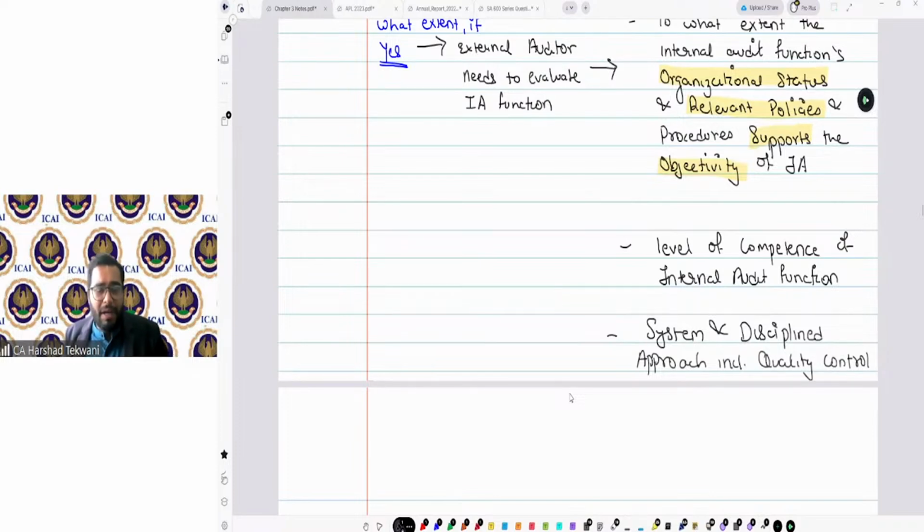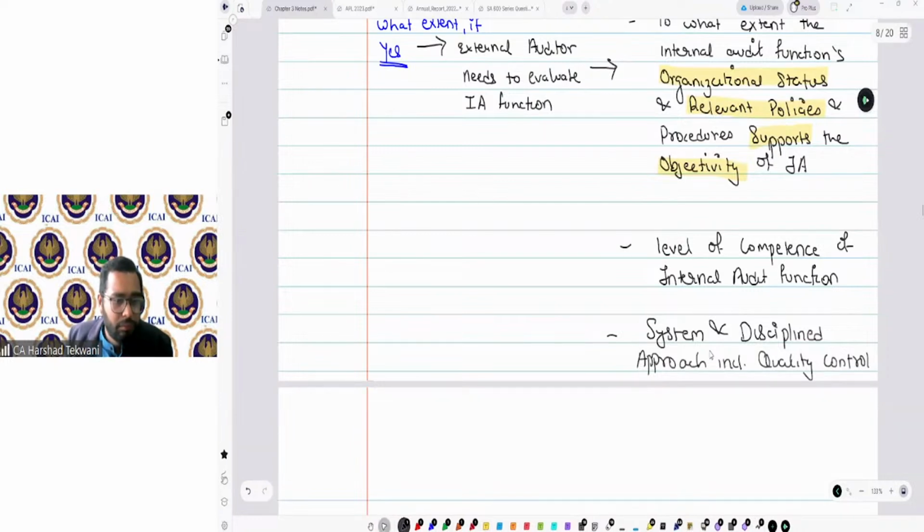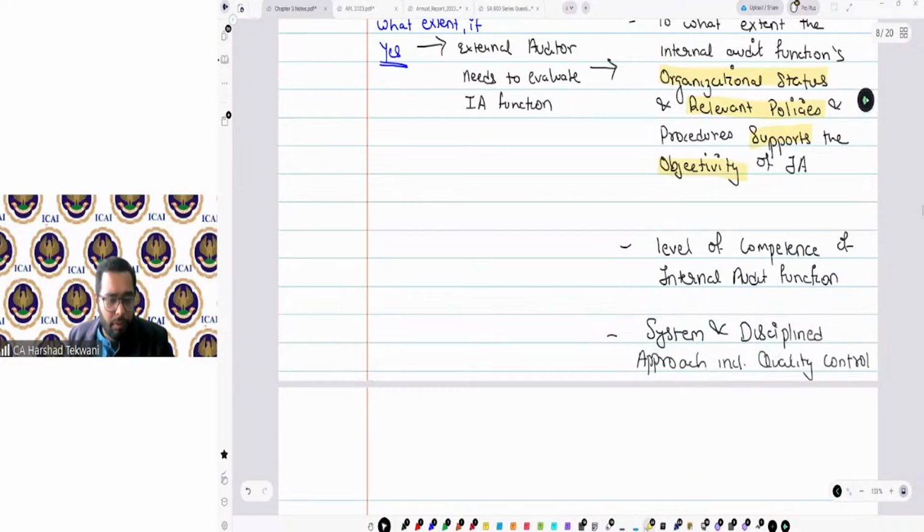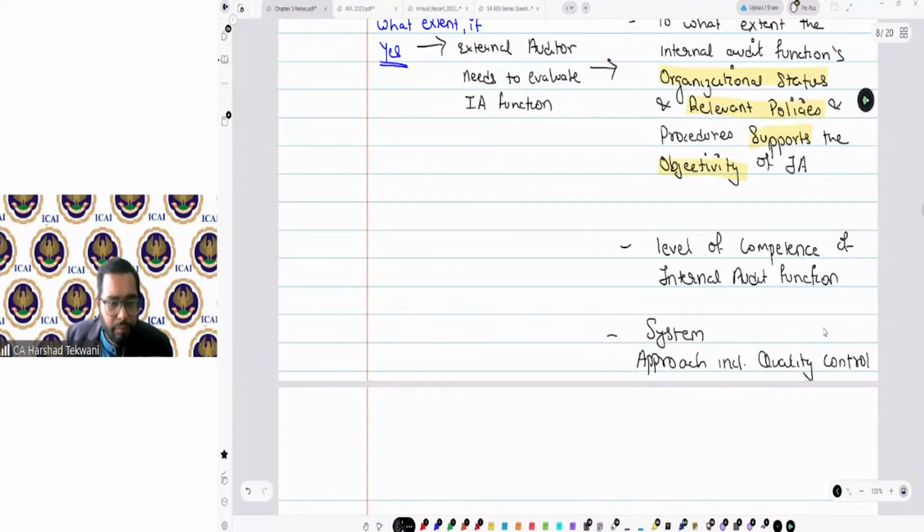I need to evaluate whether a systematic and disciplined approach was applied. If this systematic and disciplined approach, including quality control, is applied, then only I will say yes. Otherwise, I'll say no.